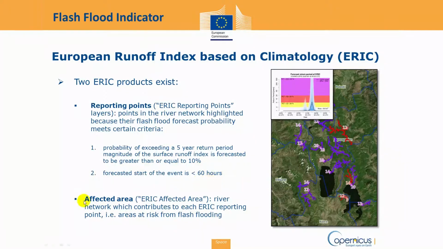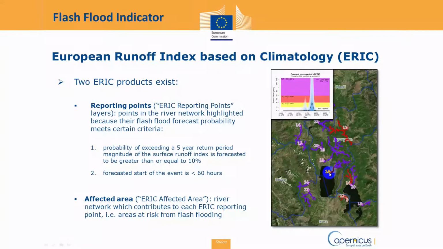The other product that you can see is the ERIC affected area, and this is the river network which contributes to each ERIC reporting point. So these are the areas that are at risk from flooding. For example, with this point here, which has a 14, the upstream area, these purple grid cells, is the catchment area contributing to this ERIC reporting point.